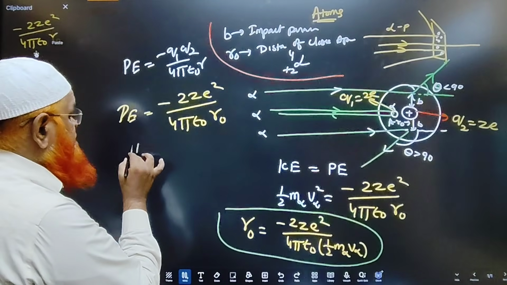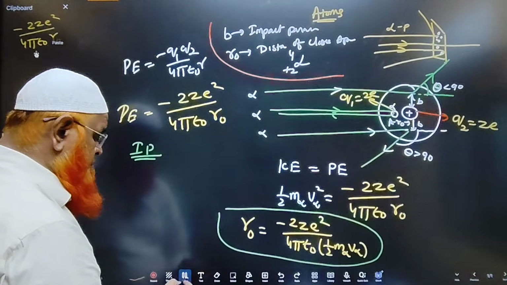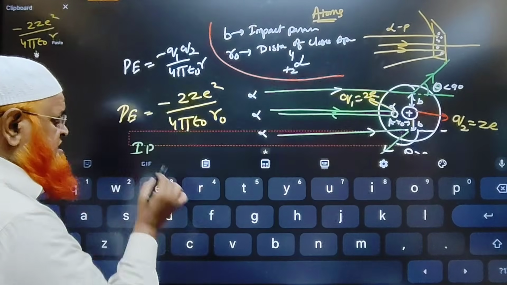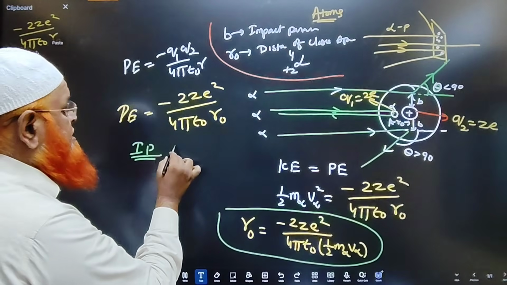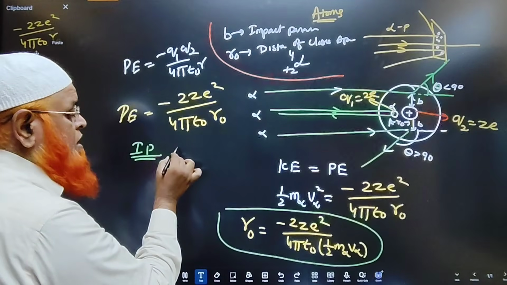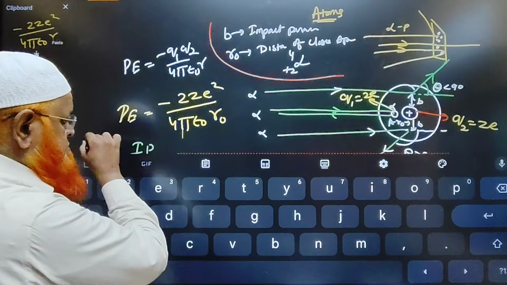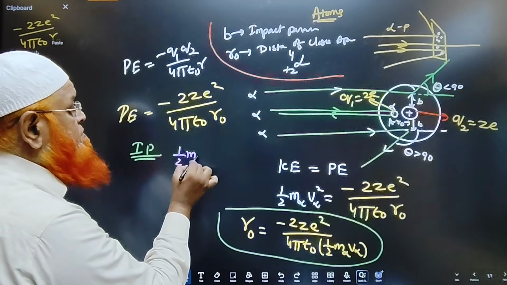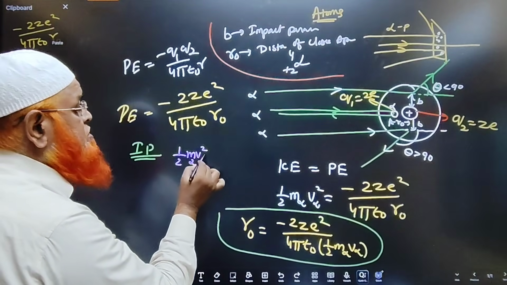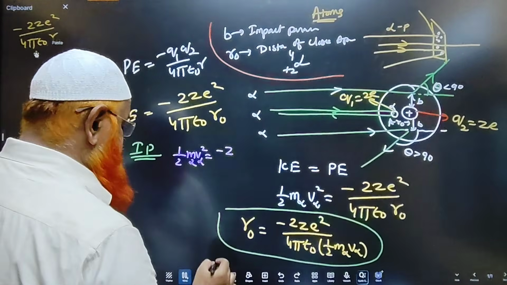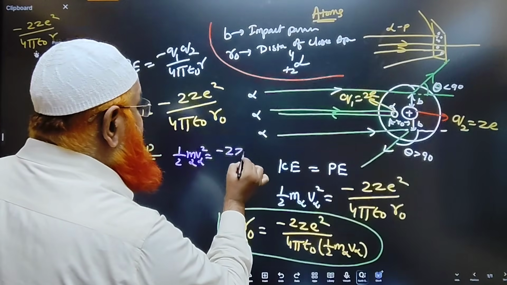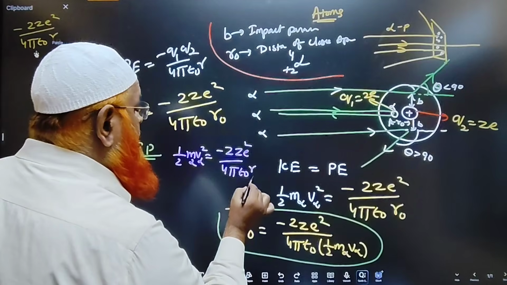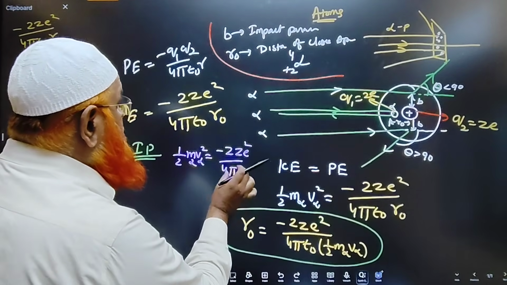For impact parameter also, the same formula, with small changes. What are the small changes? Here also we write half m alpha v alpha whole square equals 2Ze square by 4 pi epsilon naught into distance.